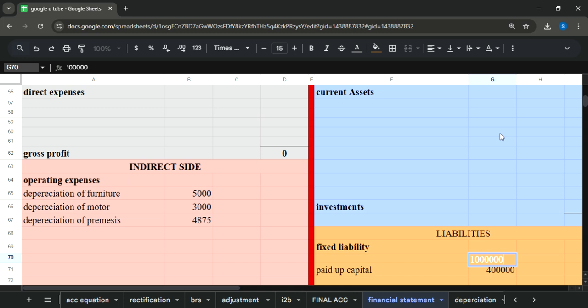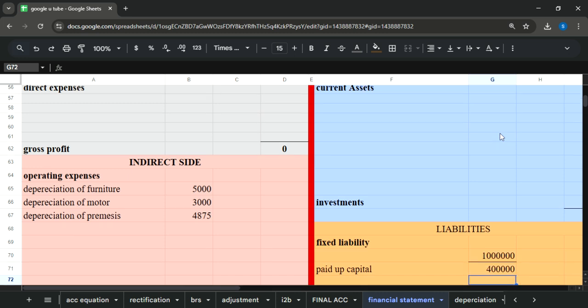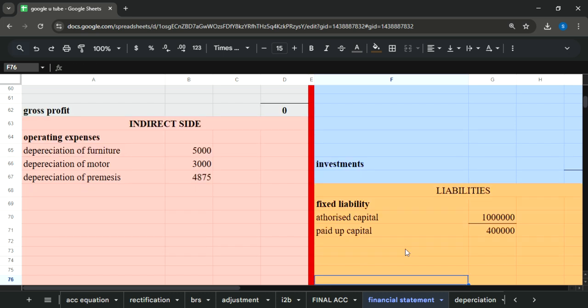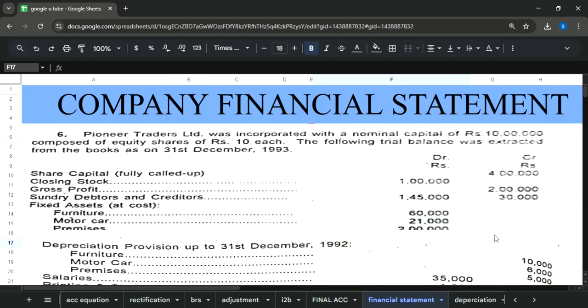Amount is 10 lakh. Please note it down, we have underlined it. Amount of this authorized capital would not be included in fixed liability. It's just nominal capital. That means we are permitted to get an amount of 10 lakh from public. We are concerned with how much amount we have already got, that is 4 lakh, and it would be added in liabilities. So guys, capital we added.